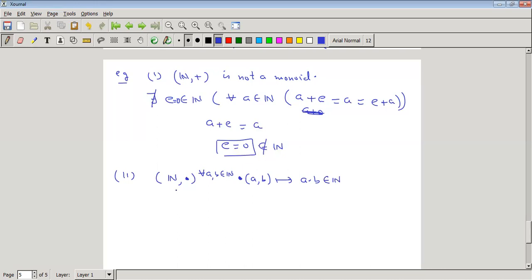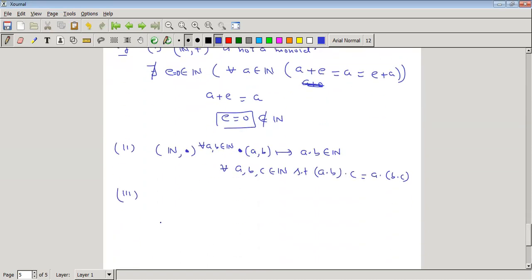So the first property is satisfied, it is a binary composition. The second axiom is associativity. Given any a, b, c belonging to natural numbers, (a into b) into c equals a into (b into c). So it's satisfied.